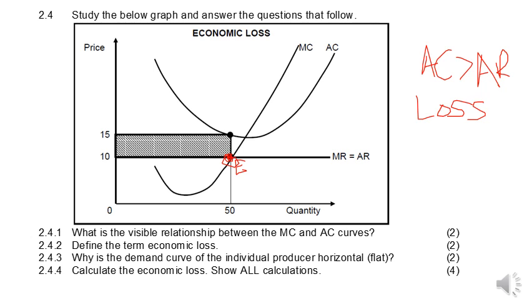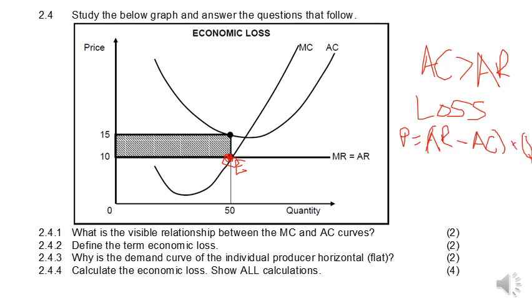Calculate the economic loss. So, obviously, first step is to find equilibrium. We've done that. So now all we have to do, profit equals AR minus AC, or average revenue minus average cost, multiplied by the quantity.